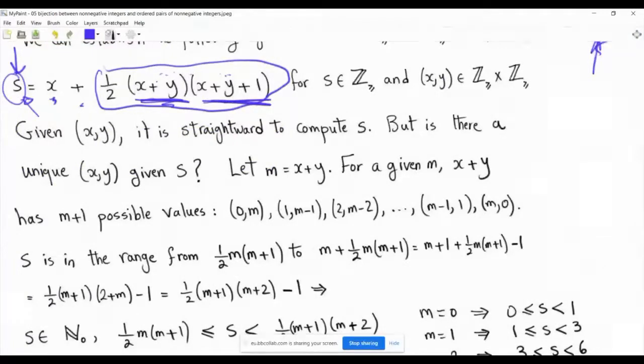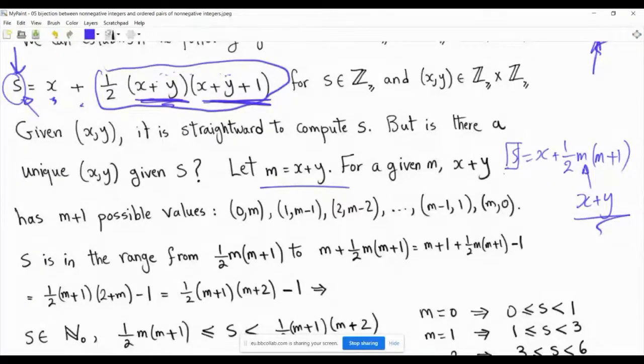Okay, let's assume that m is equal to x plus y. Remember x plus y appears here, so s is x plus half m times m plus 1, and m is x plus y. For a given m, if I tell you the sum of x and y, what are the possible values of s?